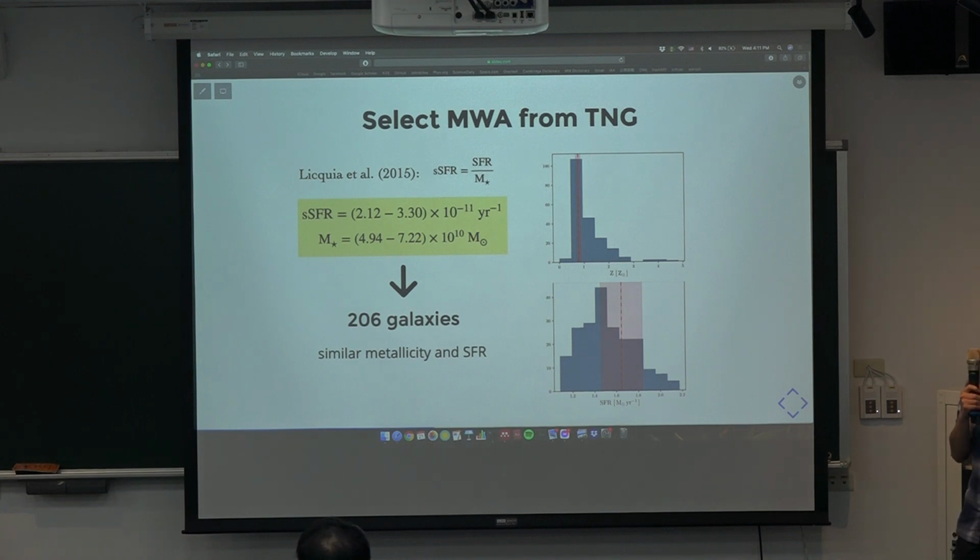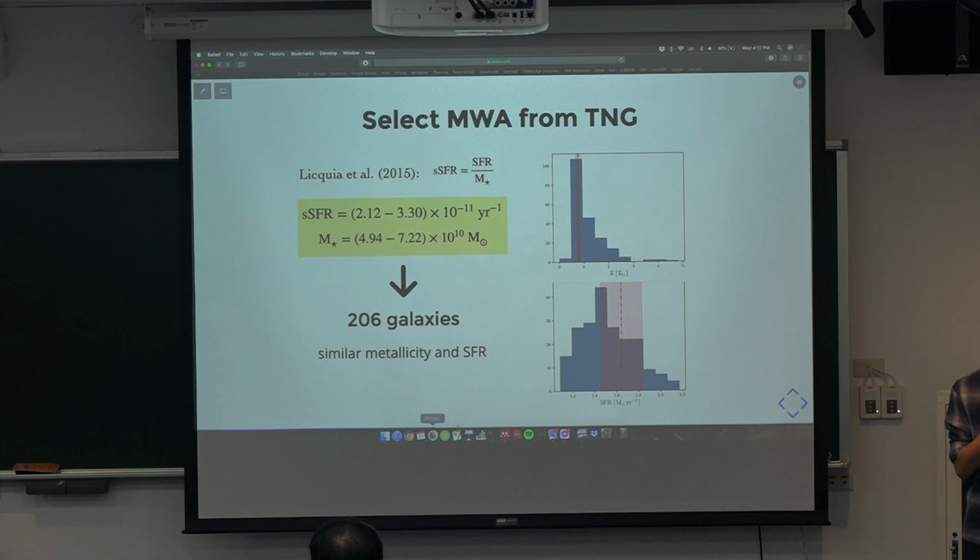So here is the selection criteria I used. I used this 2015 paper. I used the stellar mass and the specific star formation rate as the selection criteria to select Milky Way-like galaxies. And in the end, I have 206 galaxies that have similar metallicity and star formation rate as our own Milky Way.